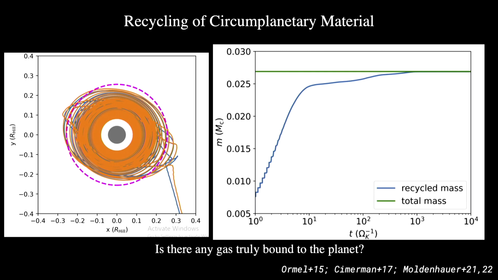In this particular simulation, after something like 1,000 orbits, the entire envelope of gas has been circulated. That means that gas doesn't actually belong to the planet, and it has only a finite amount of time lying around the planet to cool. And this has very important implications on planet formation. If gas cannot cool, it essentially cannot accrete.